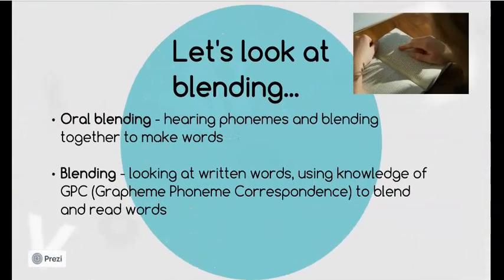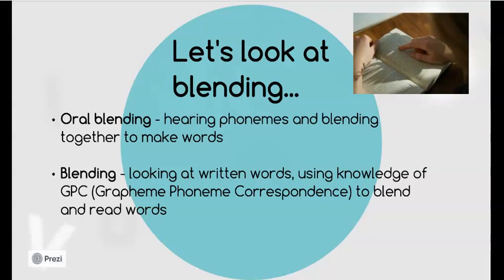Okay, this time we're going to look at blending. So when your children or your child is starting to read phonemes and putting them together, we call that blending, when they start to put the sounds together to make a word. So oral blending comes first, when they hear the phonemes and say the phonemes to make a word, progressing on to blending by looking at words and using their knowledge in order to blend and read words that they look at.